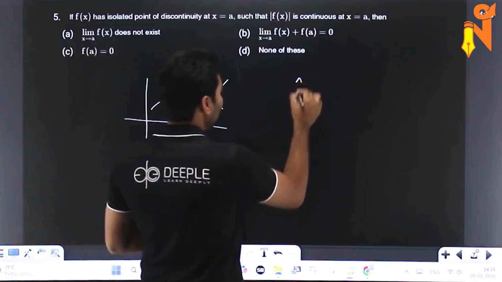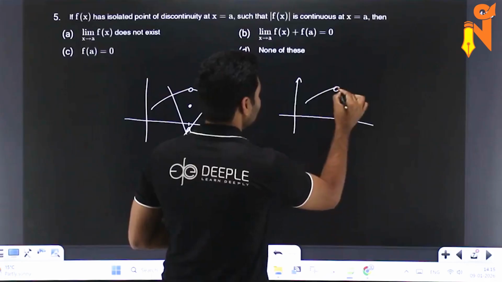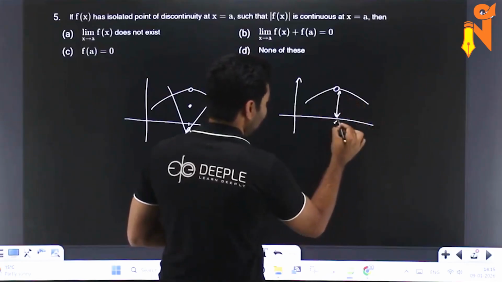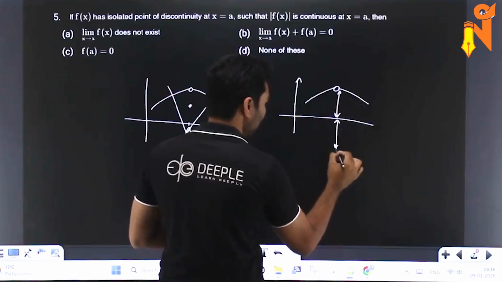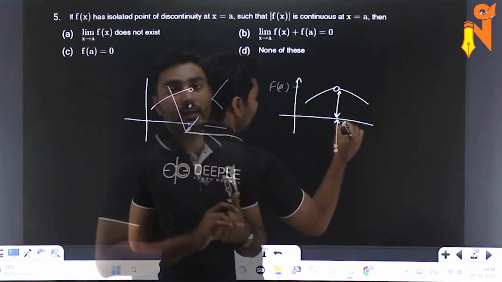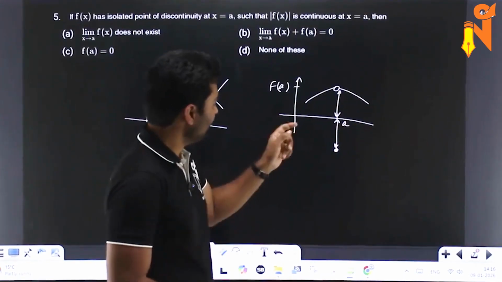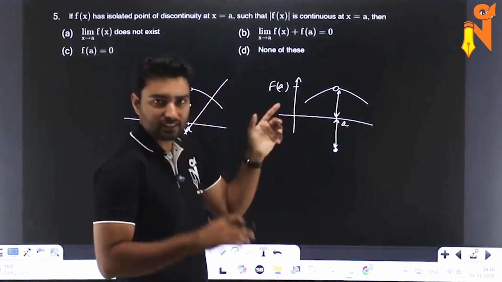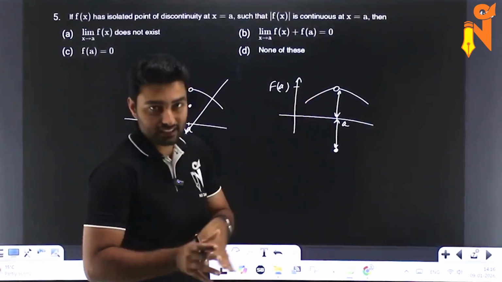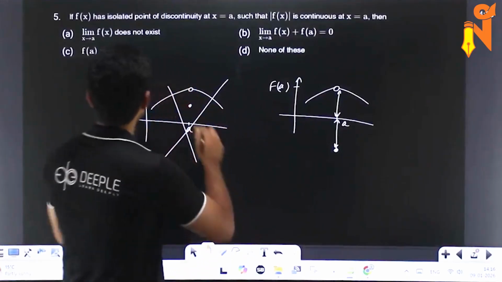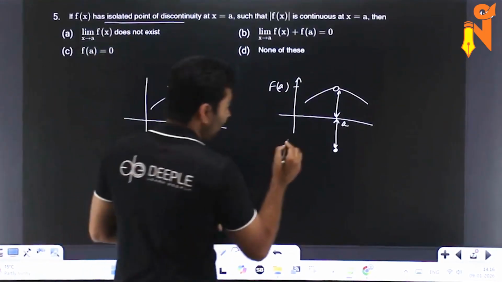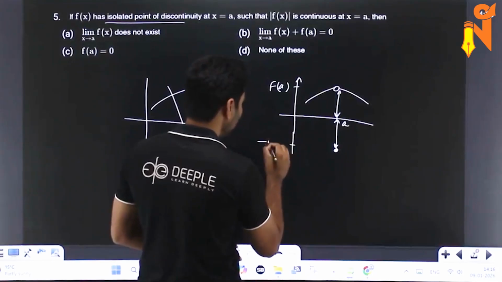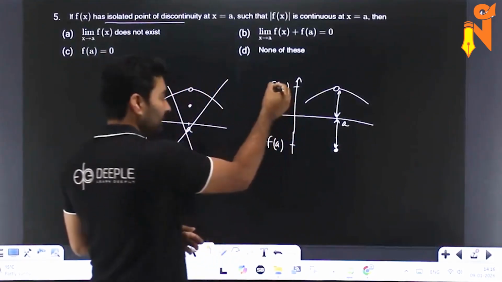If you take this here, let's say height h, and exactly the same height h down here. So again, at point A, the limit of f x is, let's say, f of a plus or minus. This is the value. The limit exists because an isolated point of discontinuity is given here. The f of a value is, let's say, minus of f of this, exactly the same.